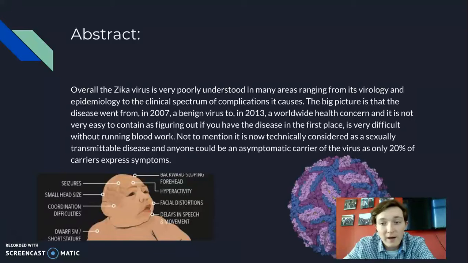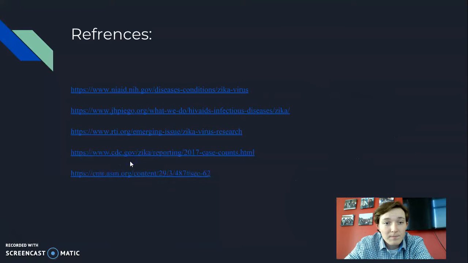It's not very easy to contain because people just don't know if they have it. 20% of people don't even realize that they are carriers of the disease, or even have an opportunity to figure that out. And not to mention that it is technically a sexually transmitted disease.